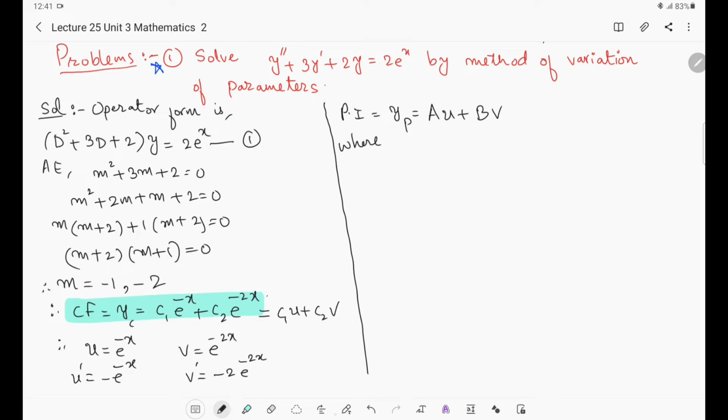Now let us find u v dash minus v u dash, right. What is u? u is e power minus x into v dash. v dash is minus 2 e power minus 2x, then plus v. What is v? e power minus 2x into u dash. u dash is minus e power minus x.